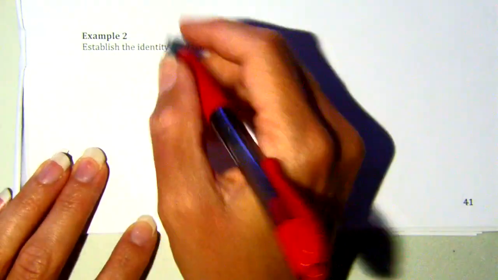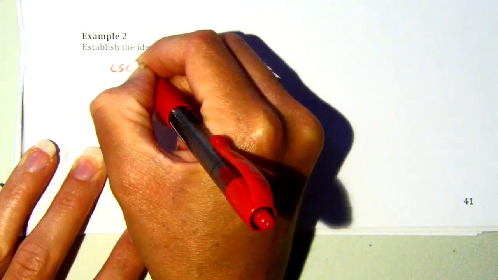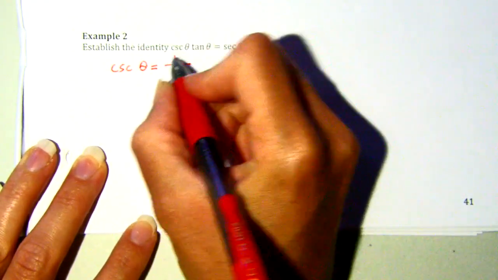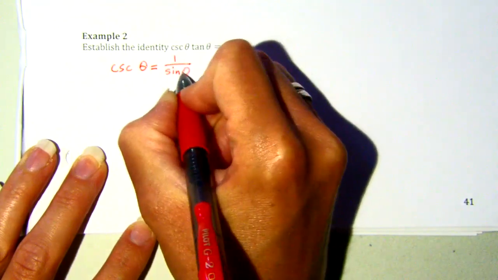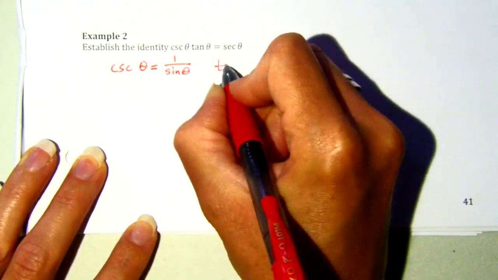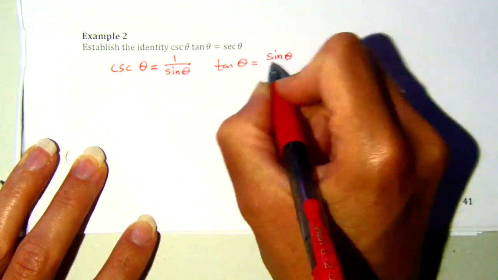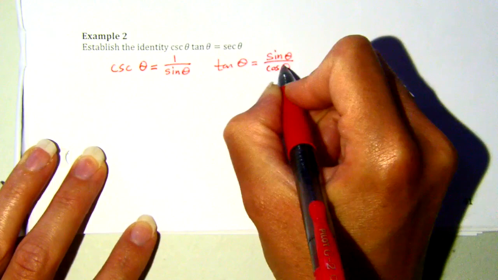Cosecant of theta. We know that the cosecant of theta is equivalent to 1 divided by the sine of theta. We also know that tangent of theta is equal to sine of theta divided by cosine of theta.